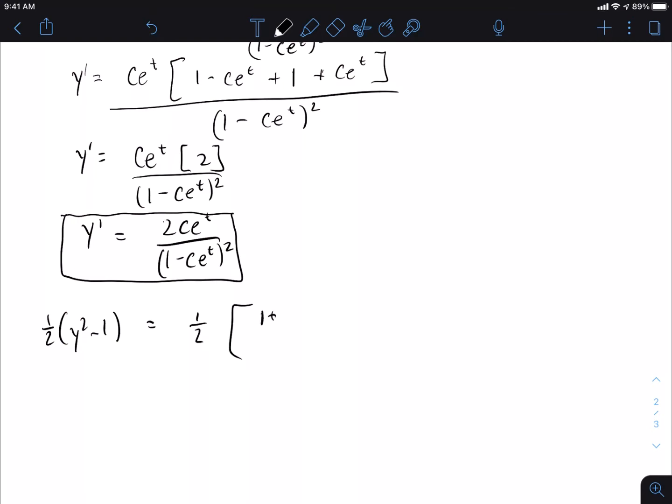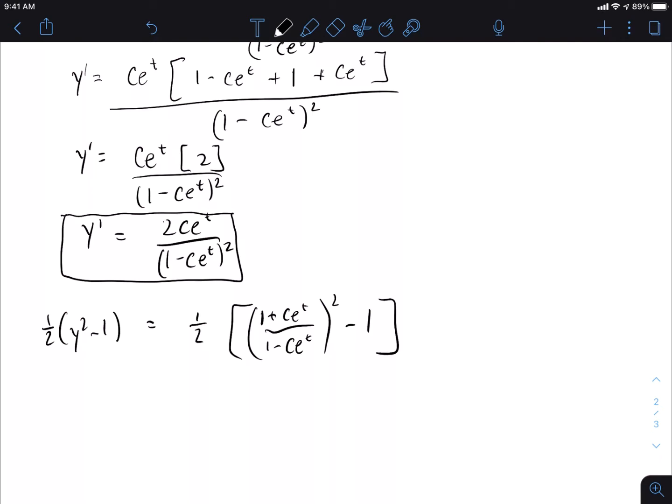Isn't y (1 plus ce^t) over (1 minus ce^t), and then it's squared, minus 1. Does everyone follow how I got what I just got? Yeah. It was just a substitution, correct? Does everyone see that?